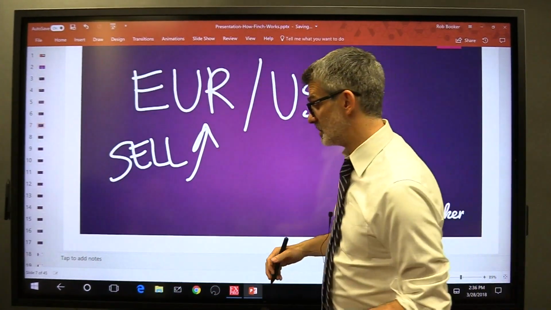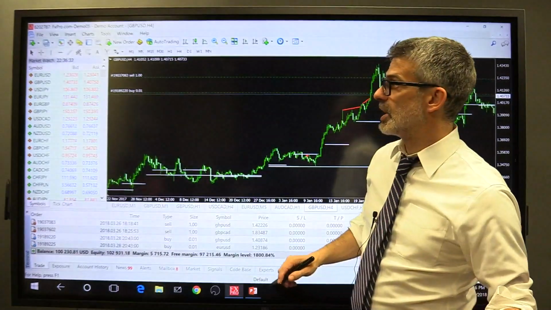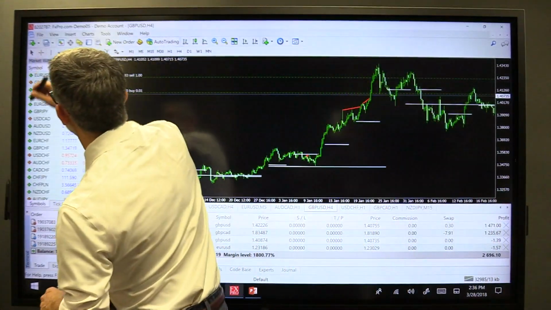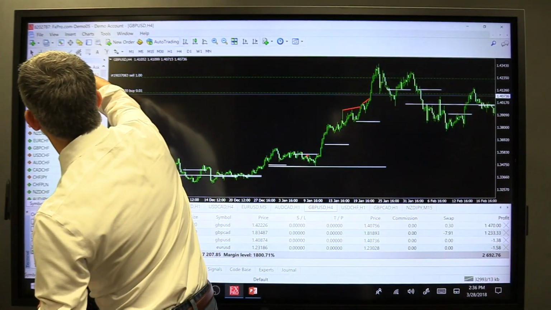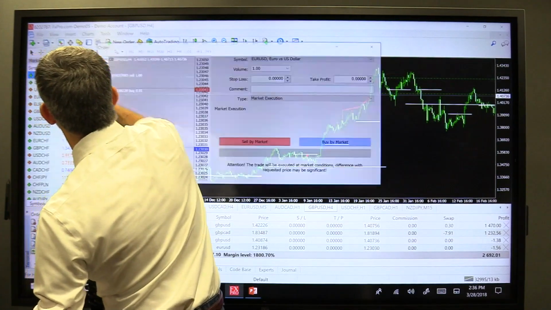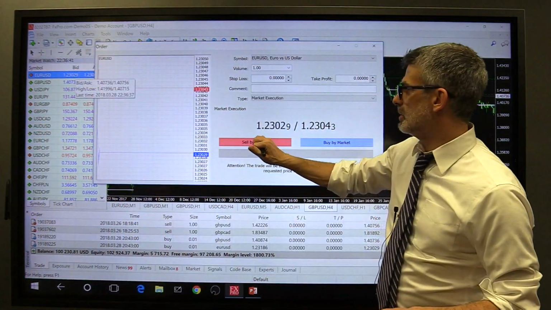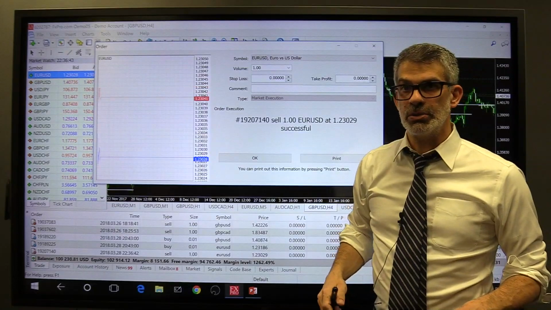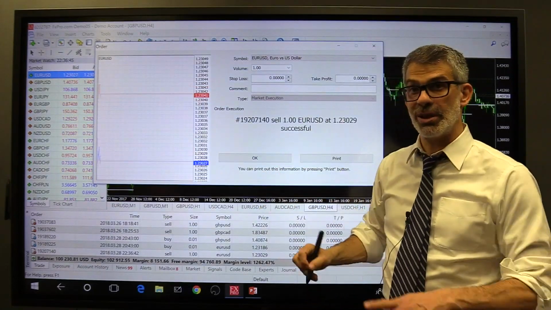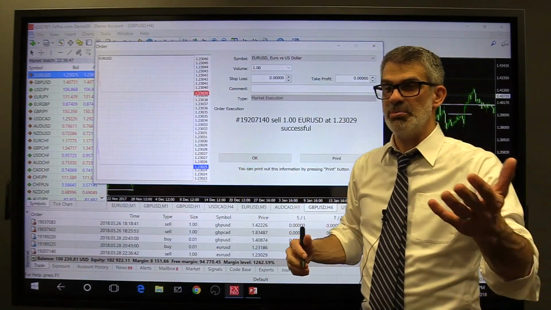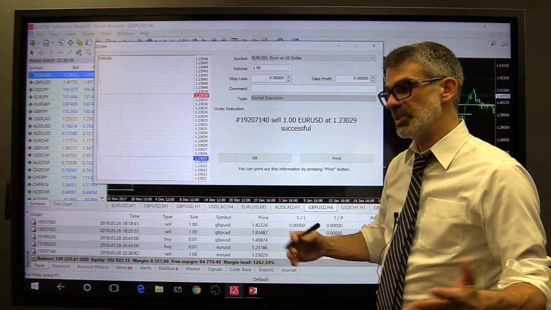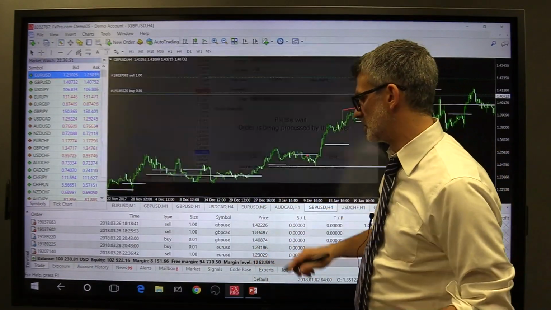Now you can click the sell button right inside your trading platform anytime you want. You can click here and I can do an order. I can sell the euro right there. I just sold the euro US dollar even though I don't own it. That means I'm betting that it's going to go down. That's all you're doing. You're just making a bet that it's going to go down.